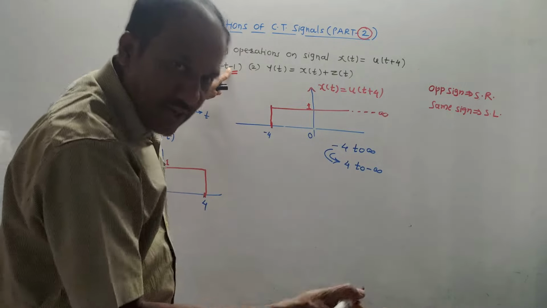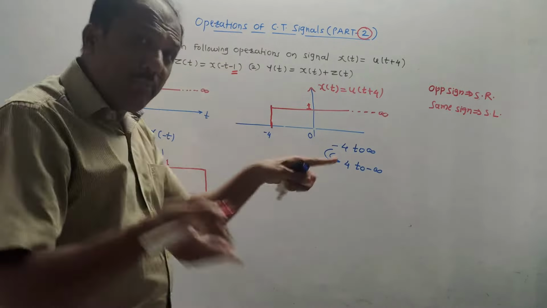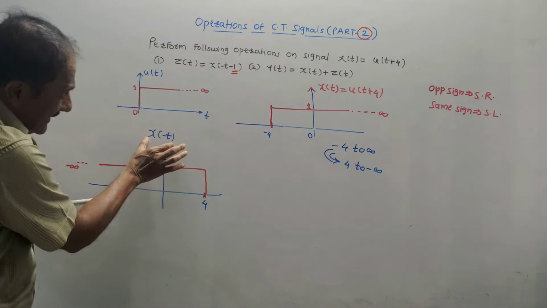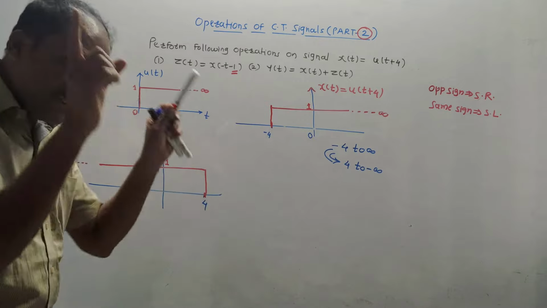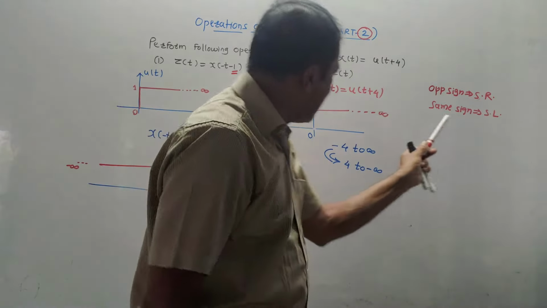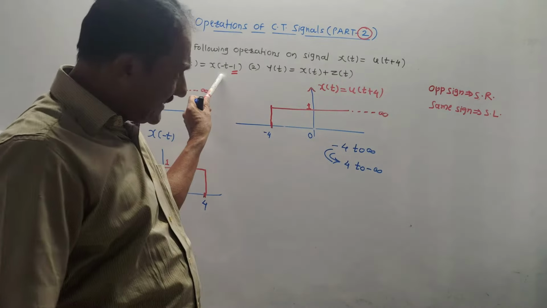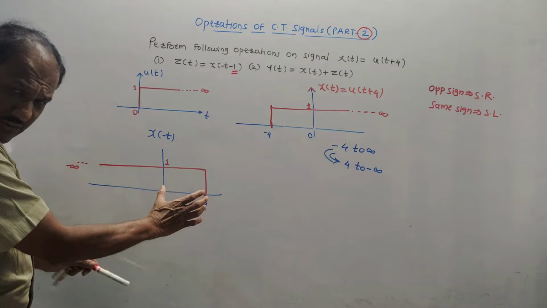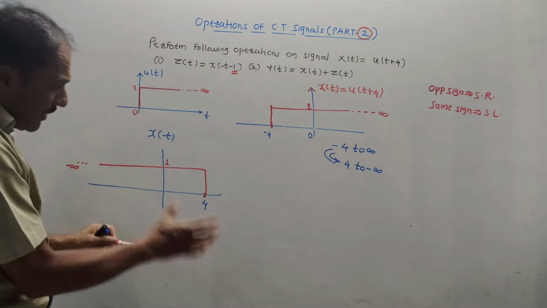In this case, it is shift left. 1 is the amount by which I have to shift the signal. So this diagram of x of minus t, I have to shift towards left by 1 position. Why left? Because it is having same sign. Minus minus is same sign. So shift left. This diagram, I will have to shift towards left by 1 position.